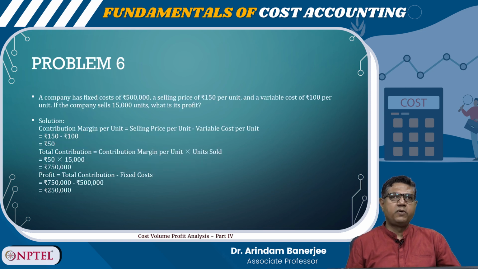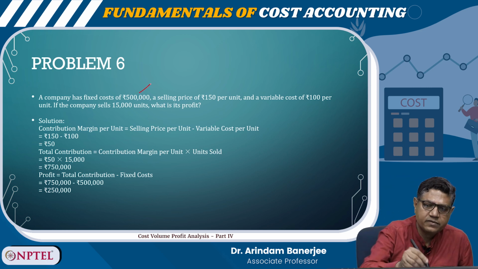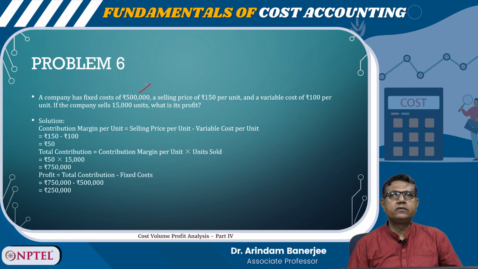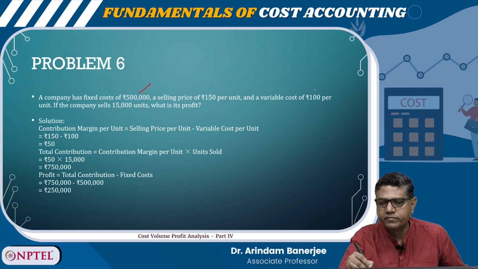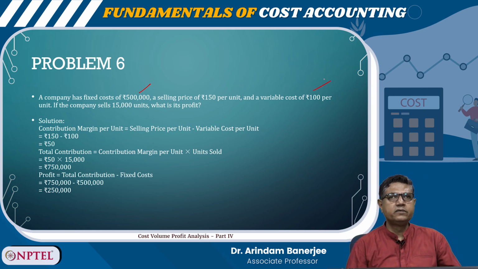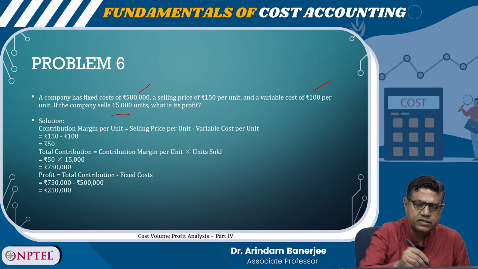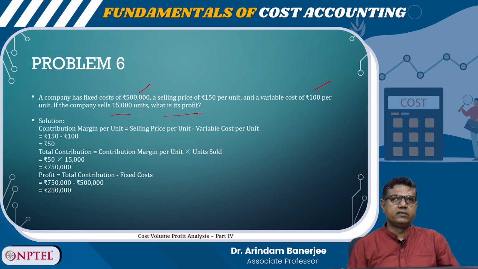Next problem, the sixth problem. The company has a fixed cost of rupees 5 lakh, a selling price of rupees 150 per unit, and a variable cost of 100 per unit. If the company sells 15,000 units, what is its profit?